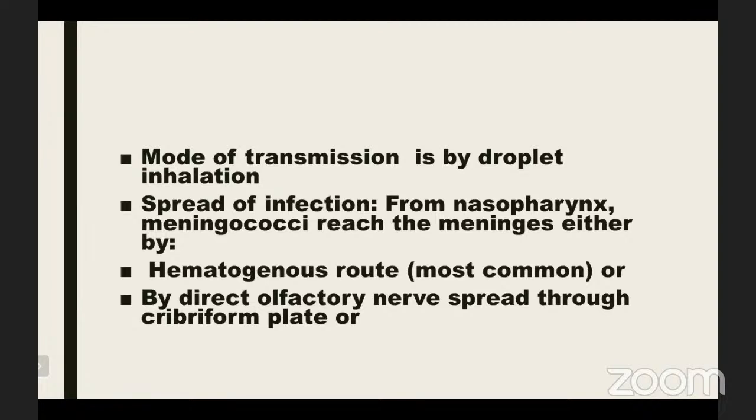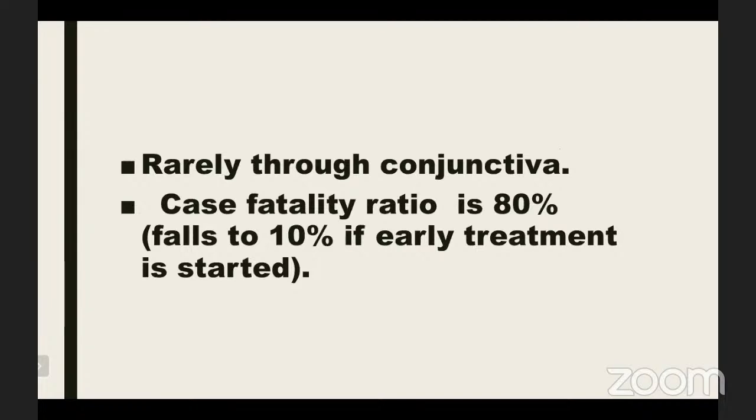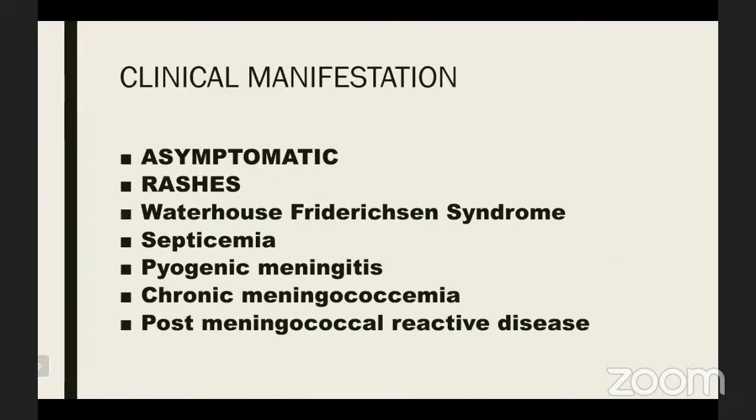Spread of infection is from the nasopharynx. Meningococci will reach the meninges either by the hematogenous route, which is the most common, or by direct olfactory nerve spread through the cribriform plate, or rarely through the conjunctiva. The death ratio is 80 percent. If treatment is started, it will fall to 10 percent.